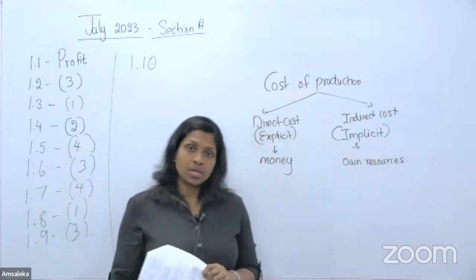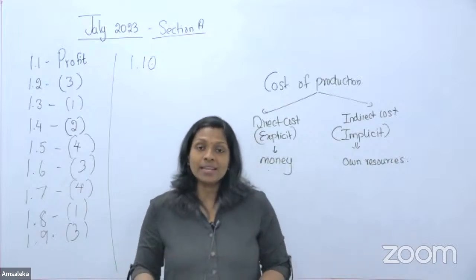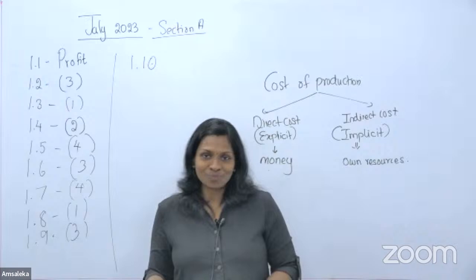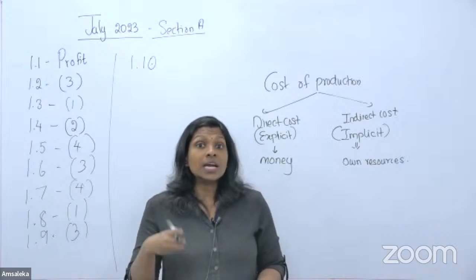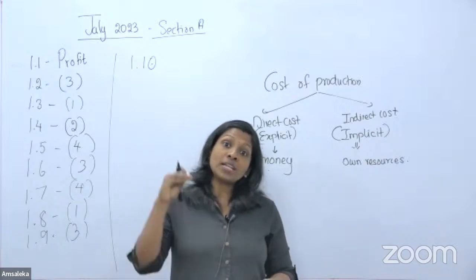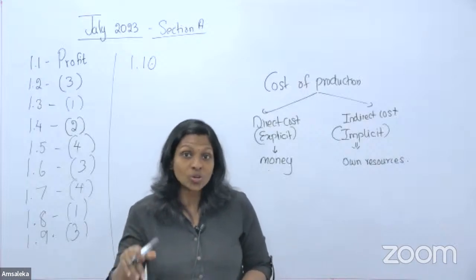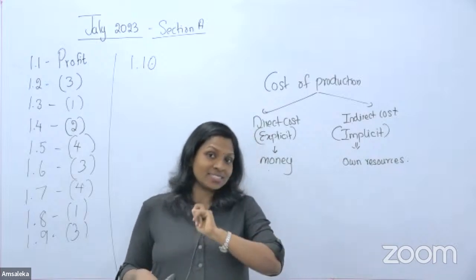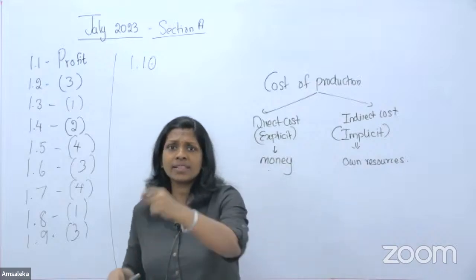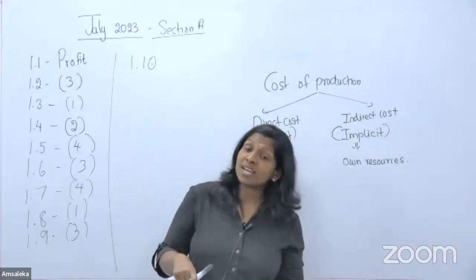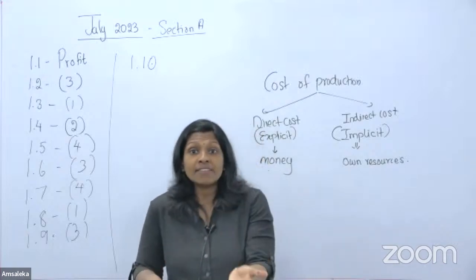For example, if this building is mine and I plan to do the production process here, the rent income I could get from this building, I'm going to sacrifice. If this building is mine, I can rent it to a third party, so if I decide to continue production, I can't give this building for rent.